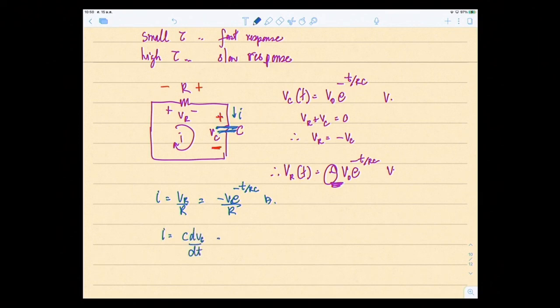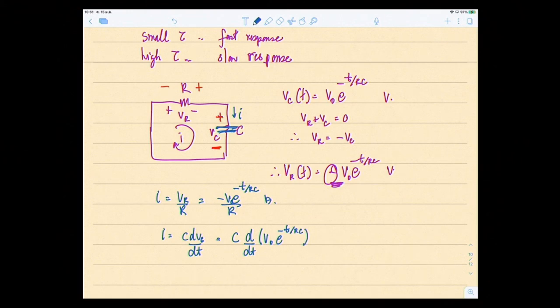So it's C times d dt of V naught e to the minus t over RC.